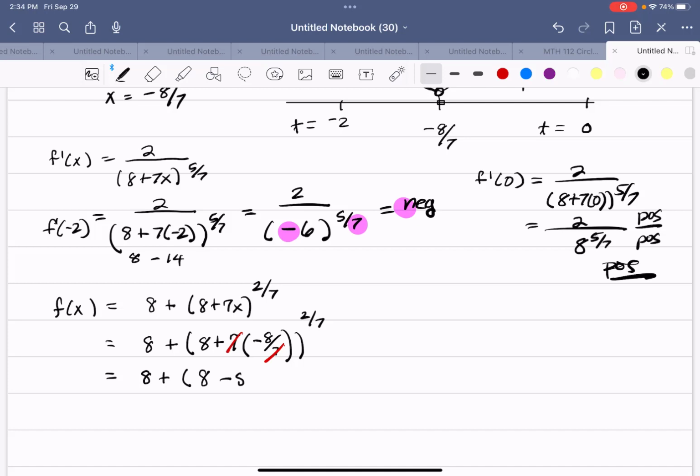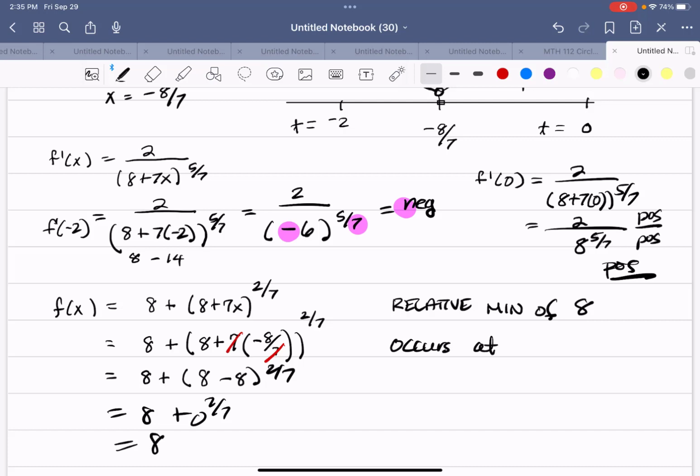So 8 plus 0 to the 2/7, which is 8. So our relative, or local, either word, relative minimum of 8 occurs at x equals negative 8/7.